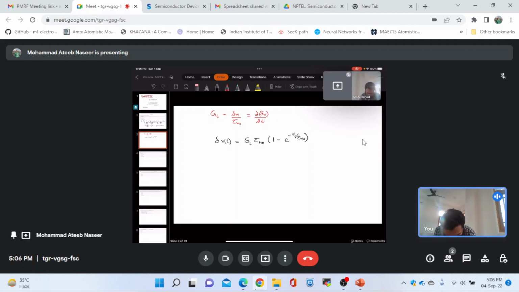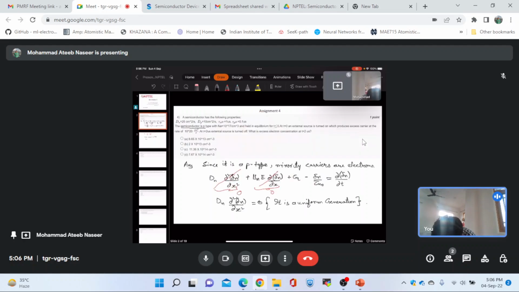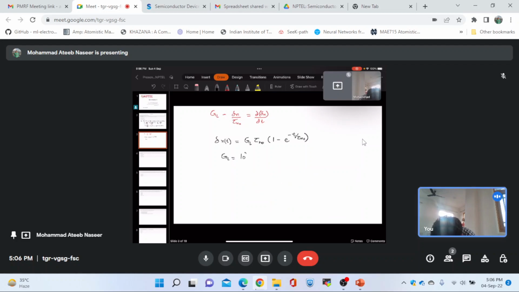As simple. Now we have been given the value of GL equal to 10 to the power 20 per centimeter cube per second, and tau n naught is given to be equal to 1 microsecond. Now let us find the excess electron concentration at time equal to 2 microseconds.